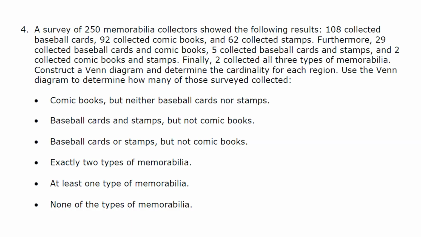Finally, 2 collected all 3 types of memorabilia. Construct a Venn diagram and determine the cardinality for each region. Use the Venn diagram to determine how many of those surveyed collected one of these 6 options. Okay, so we'll answer those questions in step 3.